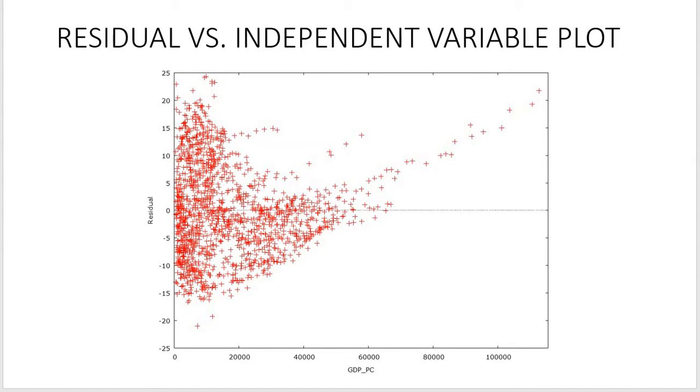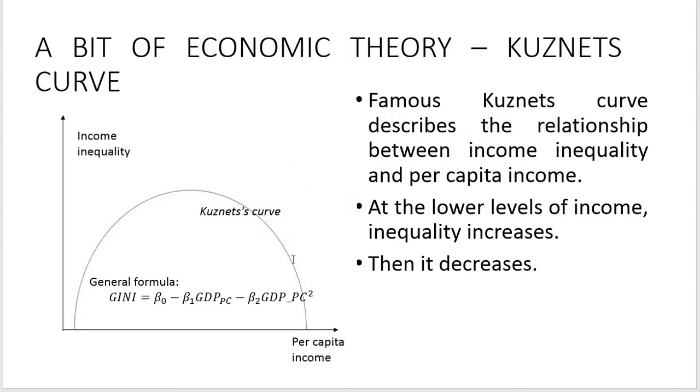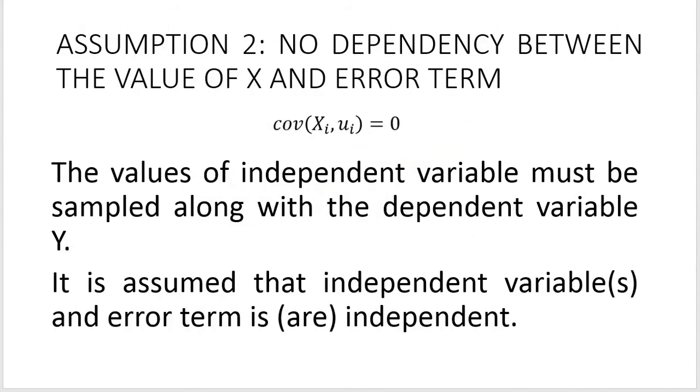But I believe you've got the idea. As I said, you misspecified the model initially. Instead of having this relationship described by an inverted U-shaped curve, we assumed a linear relationship between income inequality and per capita income. And that's why basically you have this assumption not met.